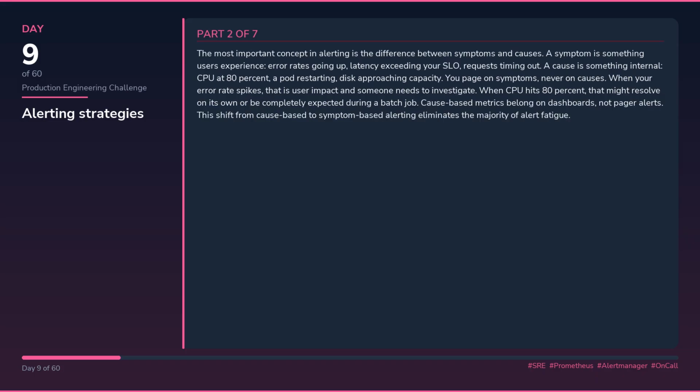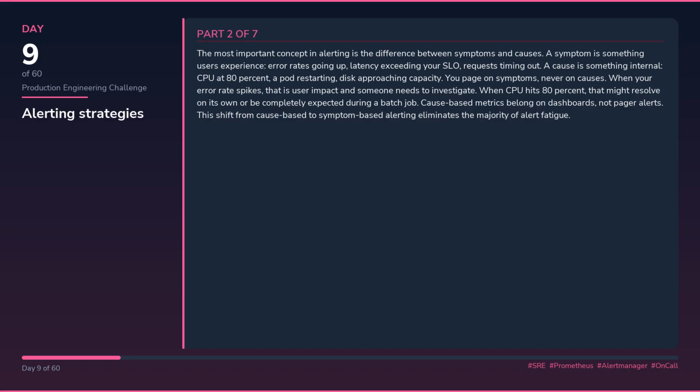The most important concept in alerting is the difference between symptoms and causes. A symptom is something users experience: error rates going up, latency exceeding your SLO, requests timing out. A cause is something internal: CPU at 80%, a pod restarting, disk approaching capacity. You page on symptoms, never on causes.